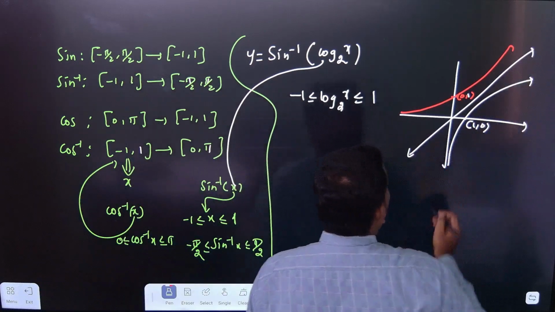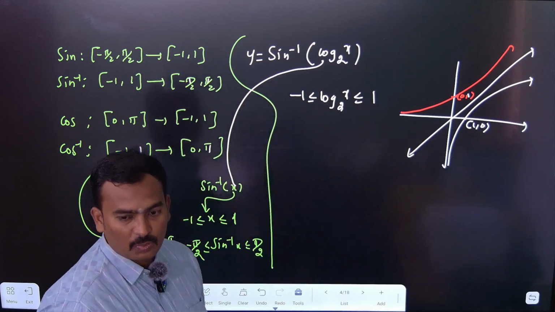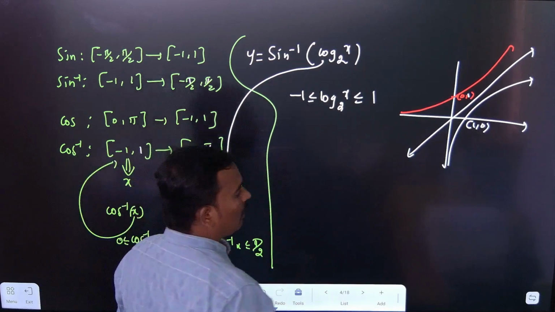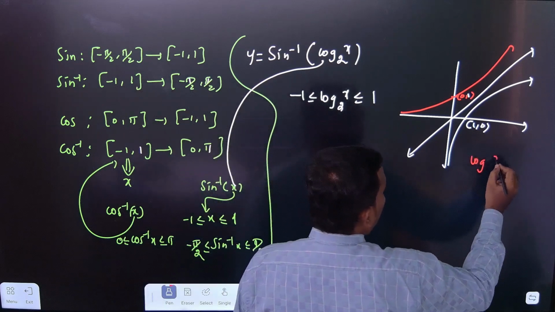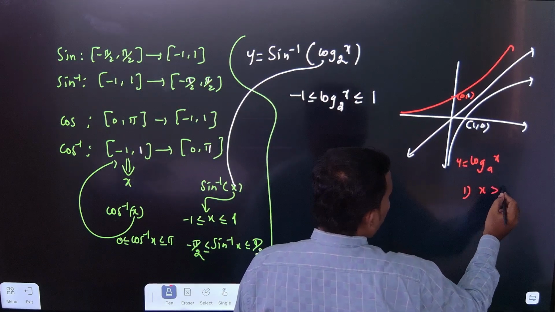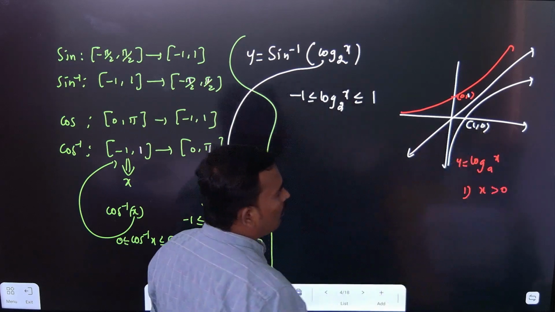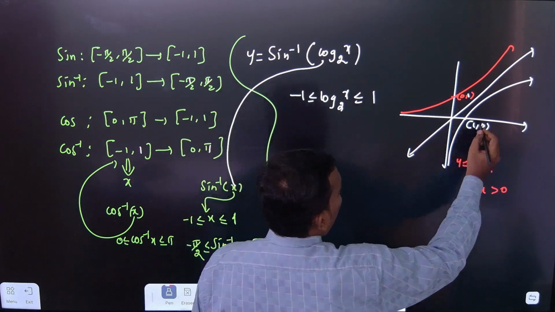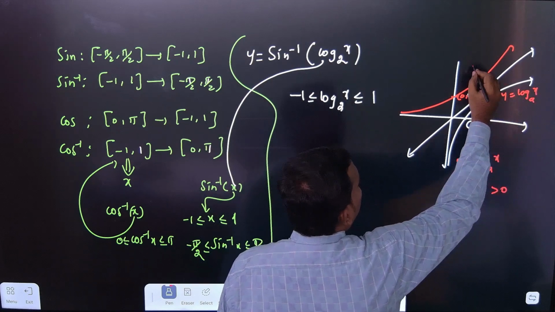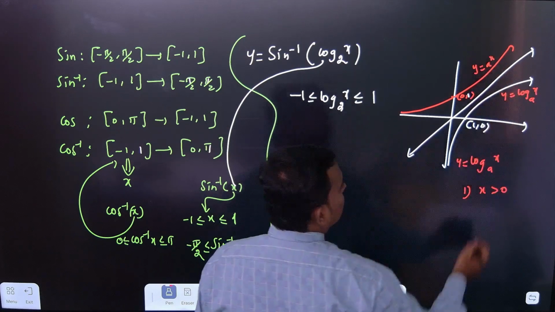We already discussed the exponential and logarithm functions, right? So when you are taking the logarithmic function log x base a, the first condition is that x should be greater than 0. You can see, this is your y is equal to log x base a, and this is y is equal to a power x.